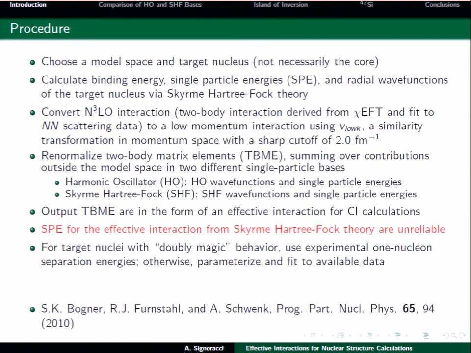As a result, in order to improve our predictive power, we will often, instead of using not exactly microscopic, very theoretically determined single particle energies, instead use experimental data in order to constrain the single particle energies.